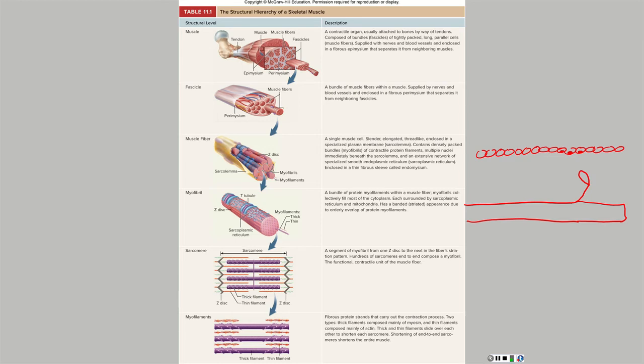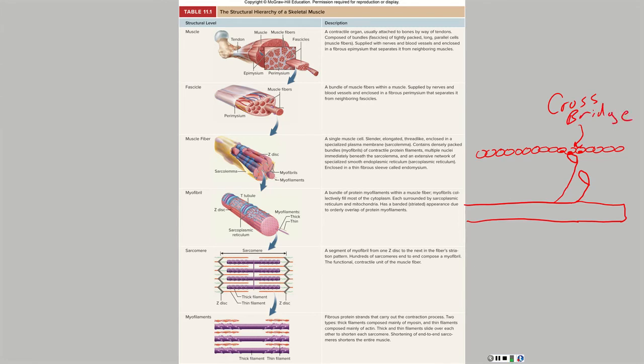Well, if something were to happen to that tropomyosin and it were destroyed or removed, this myosin head would raise up. So I'm going to draw another myosin head just so you can see what I'm talking about. It would raise up and attach to that active site. And when that happens, that is called a cross bridge.